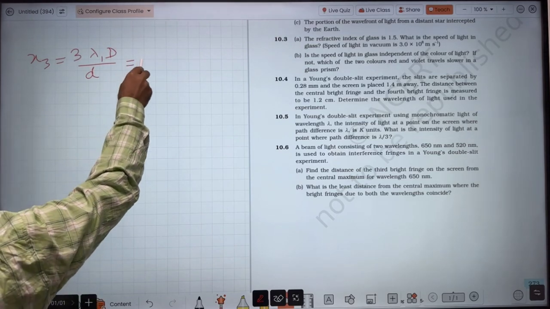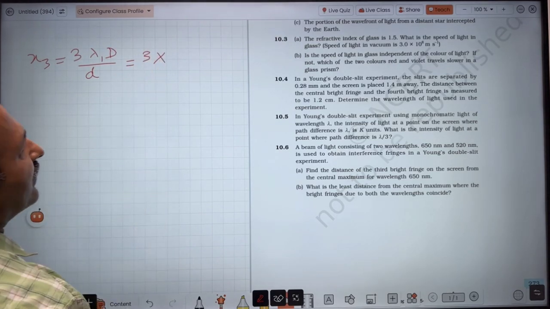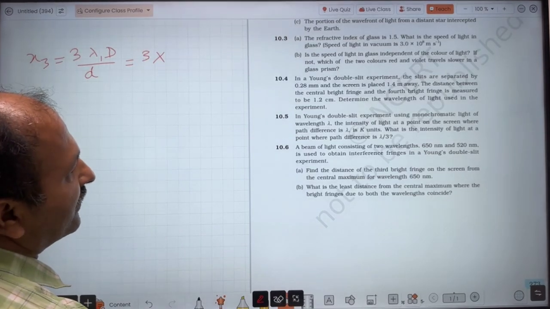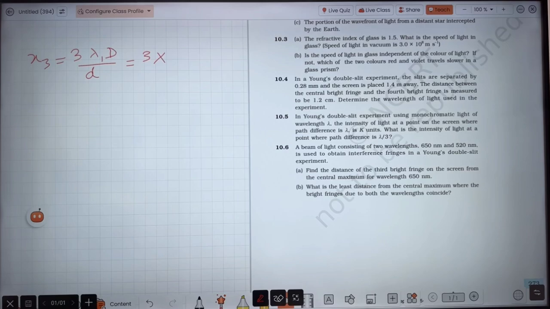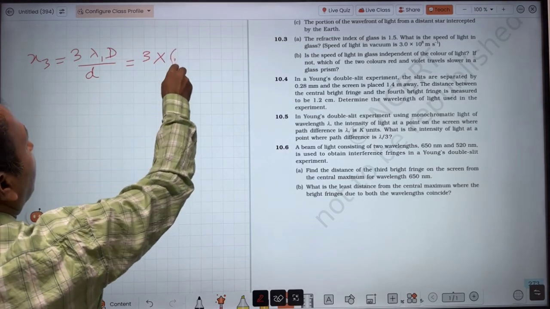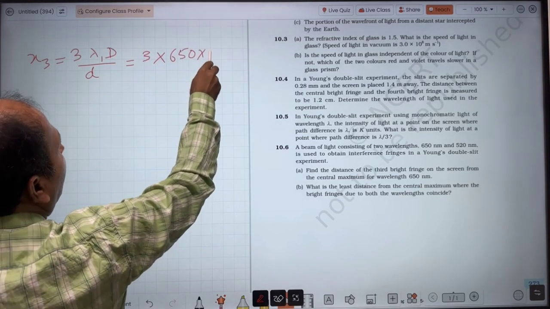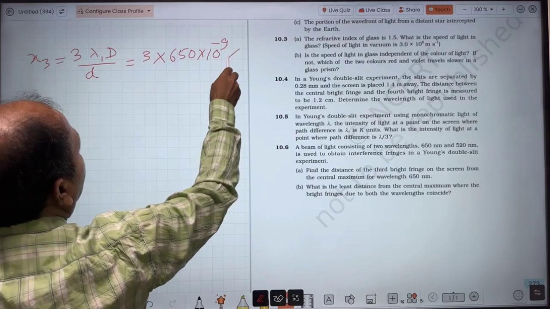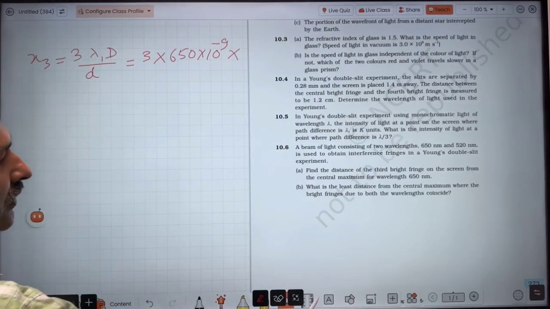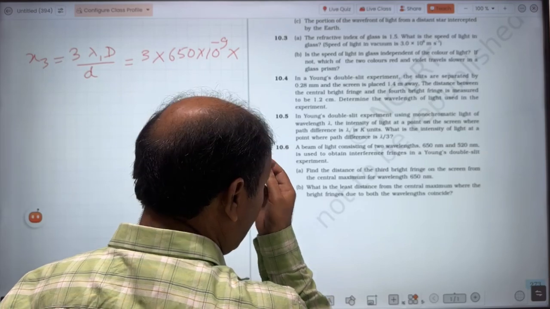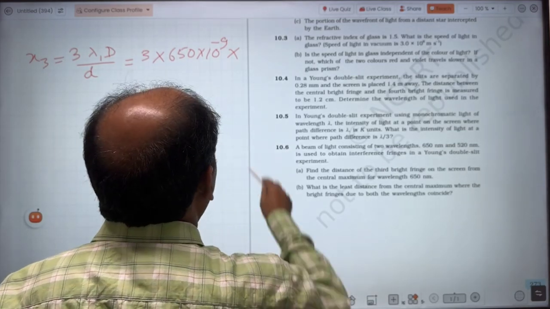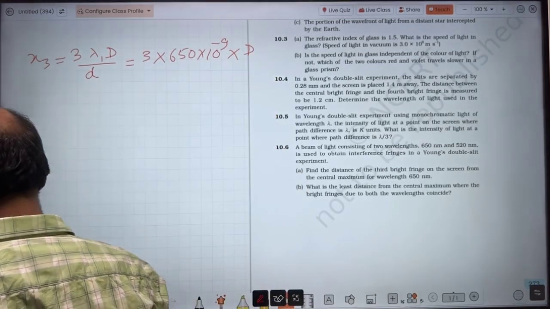After putting values, 3 times lambda 1, in the question lambda 1 is given as 650. So we can write 650 into 10 to the power minus 9 into D. So here D is not given, so we just write D.